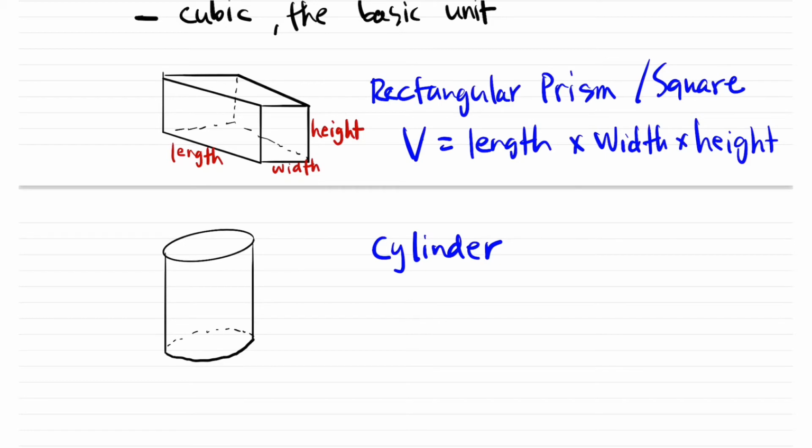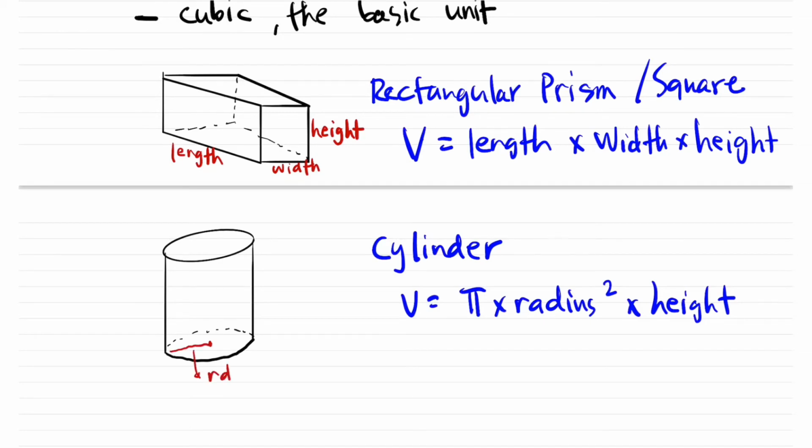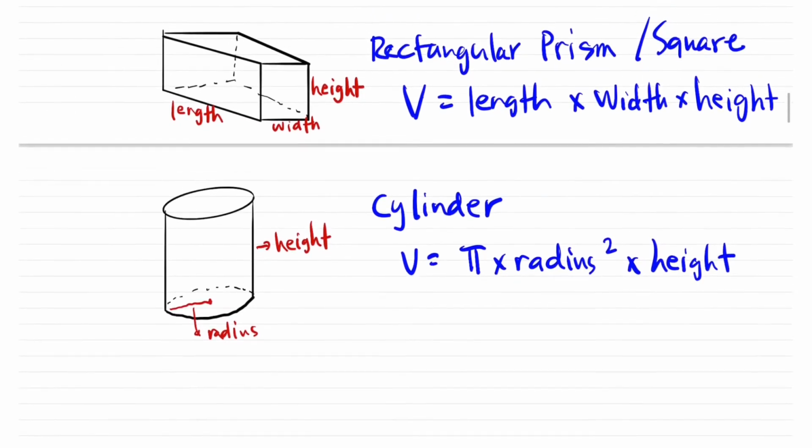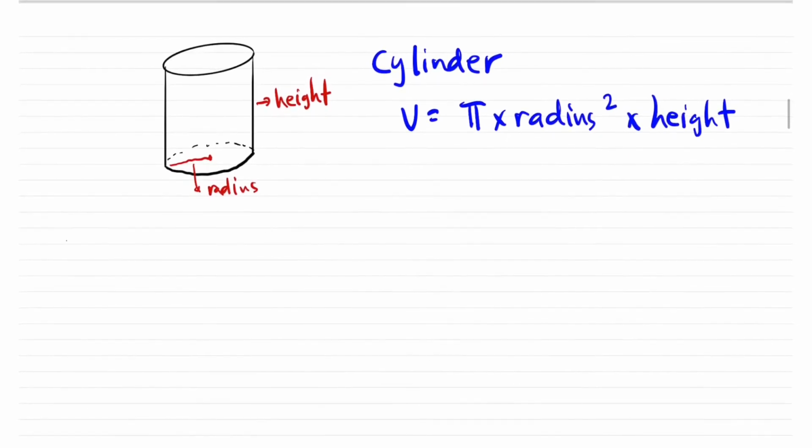So for cylinder, the formula would be volume is equals to pi times radius squared times height, right, times height. So here, this is the radius, from here to here. This is the radius, and this one here is the height. Okay, so that's it for a cylinder.